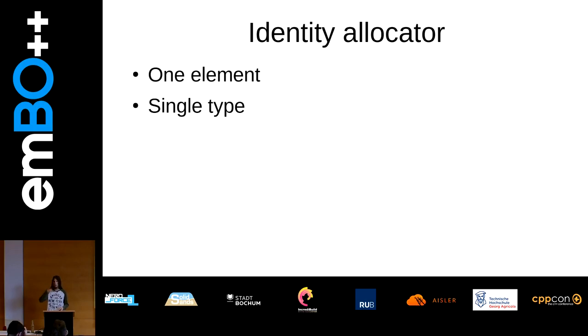Then the identity allocator, because it has received the parent allocator through CRTP, calls its allocate function, and then that allocator also calls another parent allocator, and so on until you reach a proper memory location.